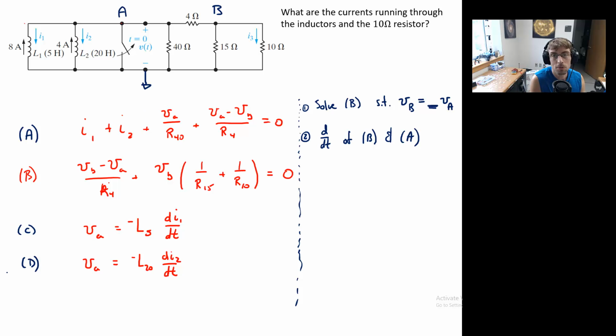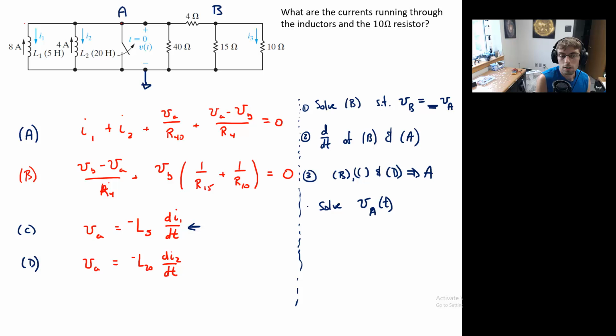If I want to substitute equation C and D into equation A, I need to make some sort of connection between the time derivatives. So number 3 is I'm going to take B, C, and D and sub it into A, and I will solve for the potential at A as a function of time.